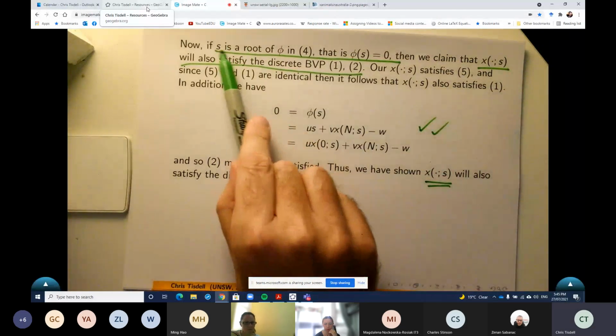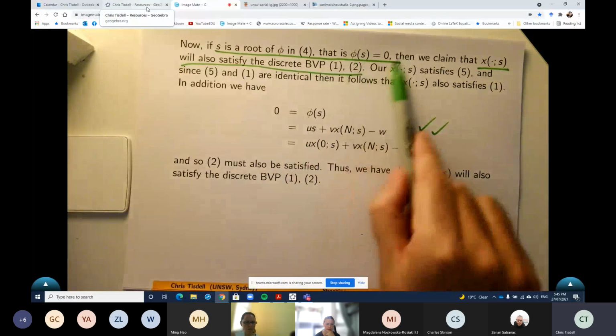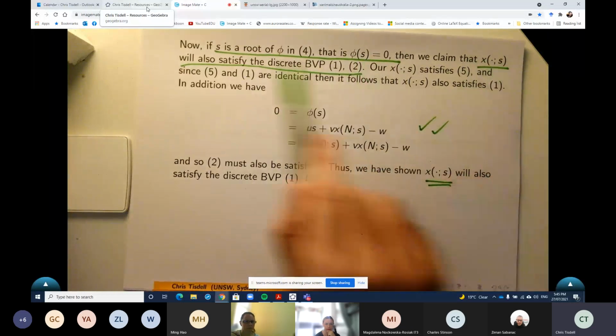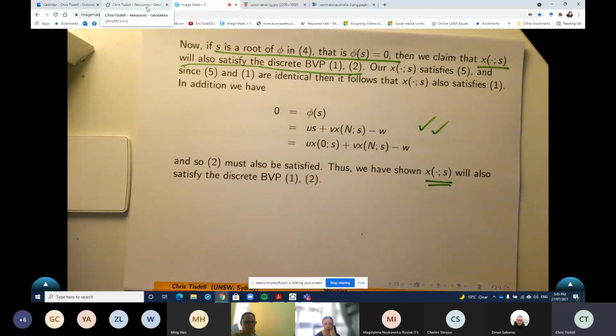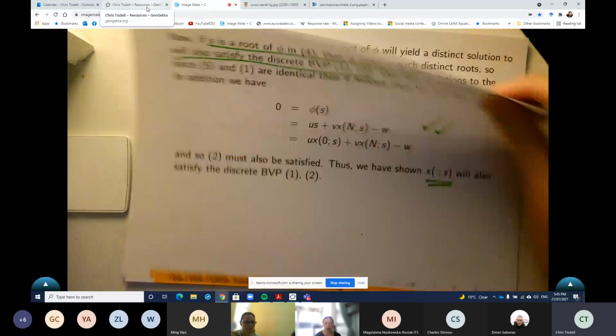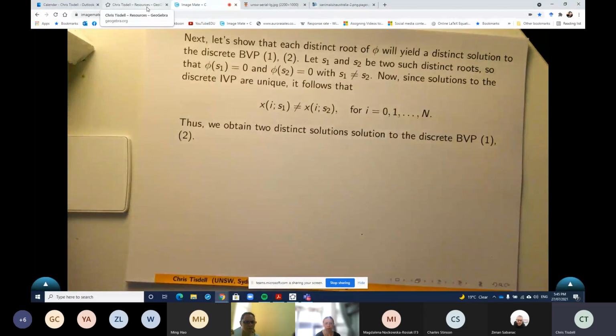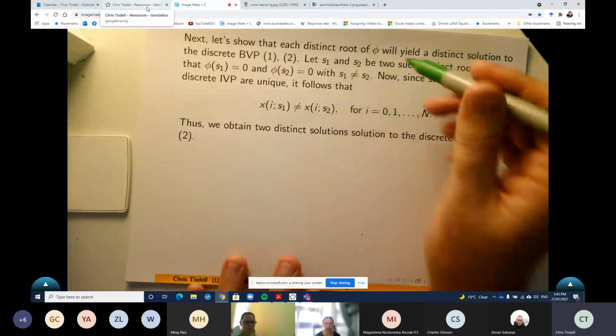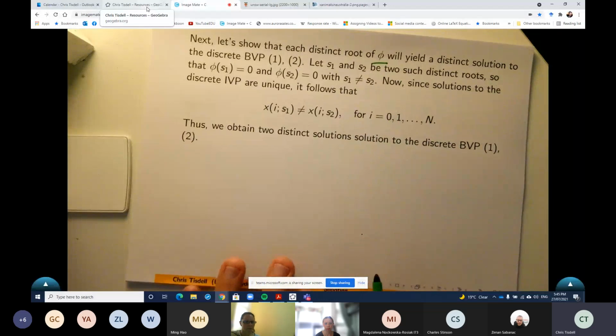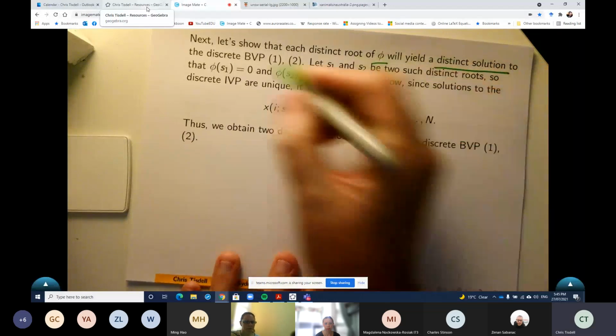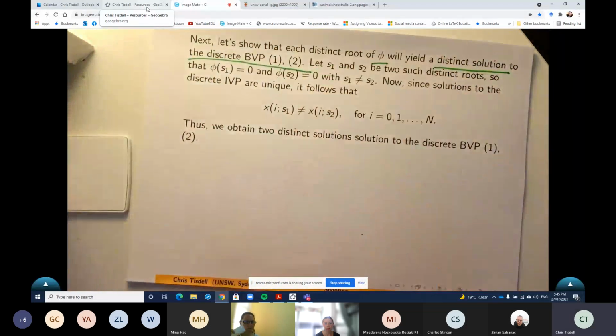So basically, if S satisfies this, then this satisfies the discrete boundary value problem. And you can go the other way, okay? Every distinct root of this phi function will yield a distinct root to the discrete boundary value problem, okay?